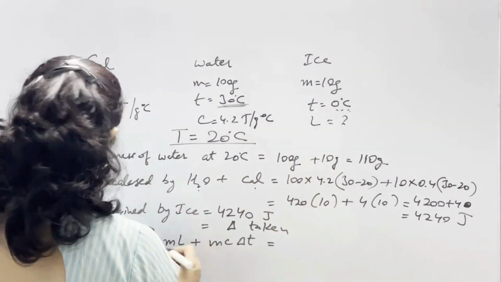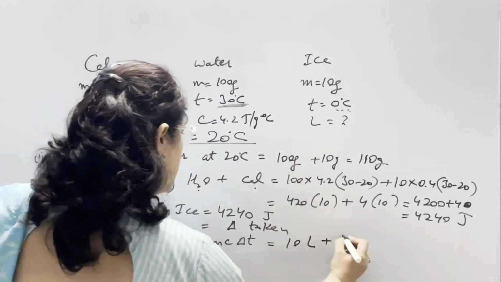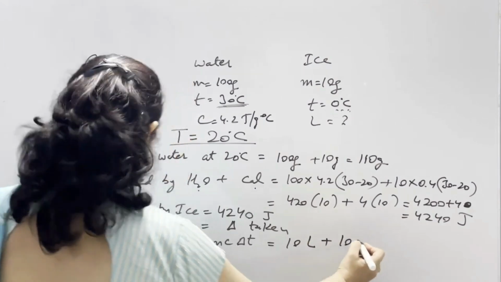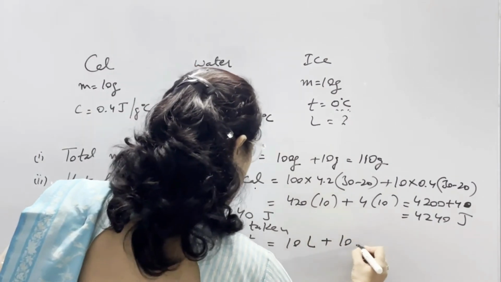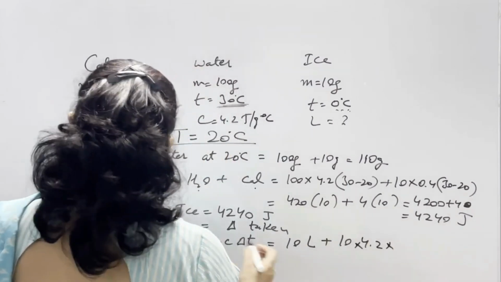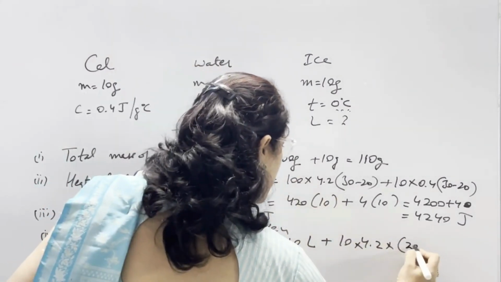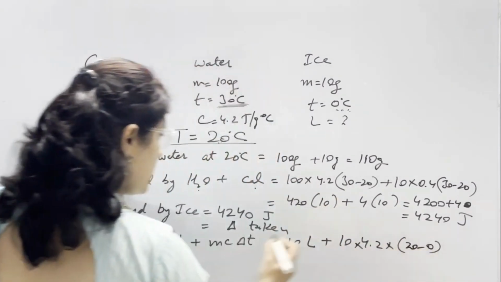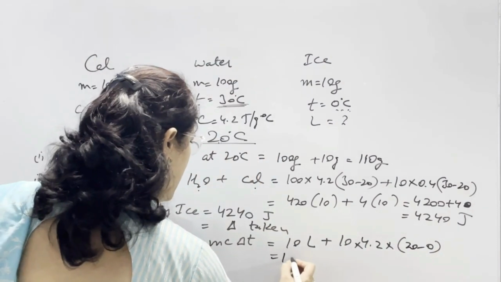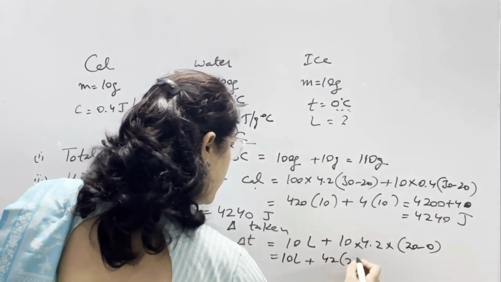So first we take mL, 10 is m and L we need to calculate. Then 10 L, C of water is 4.2, and for delta T, 20 is the final temperature, minus 0, the initial temperature of ice. So 10L plus 4.2 into 20.